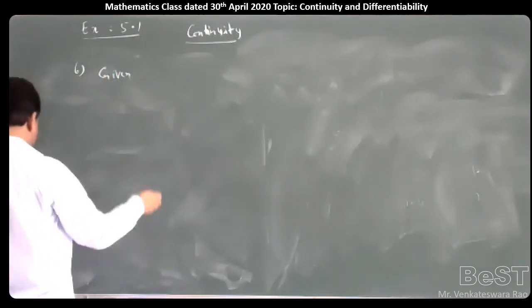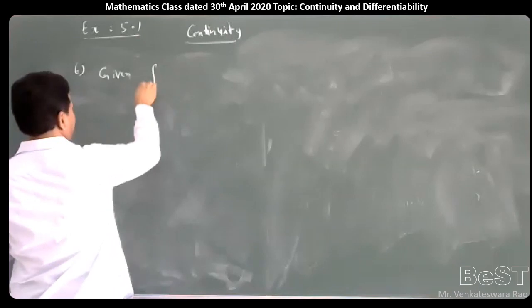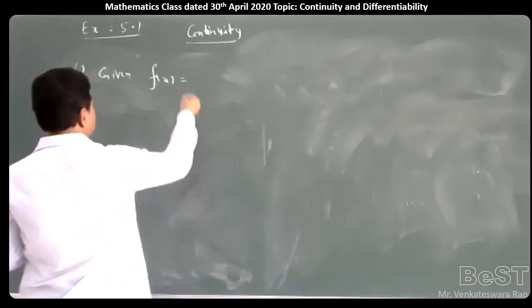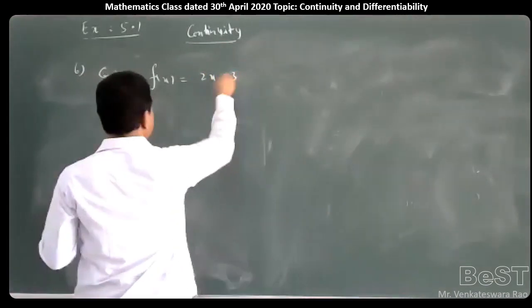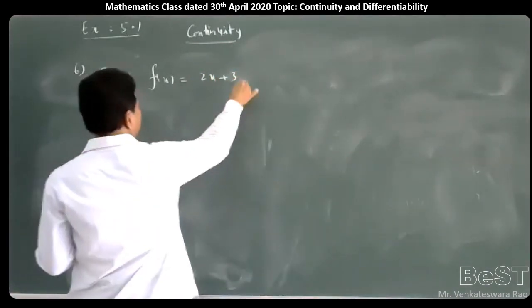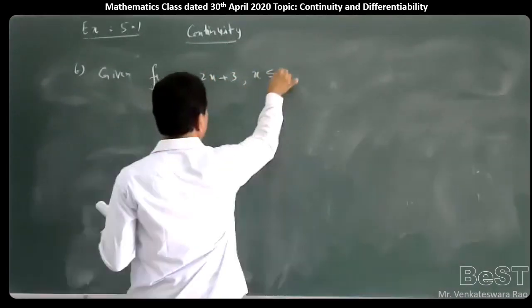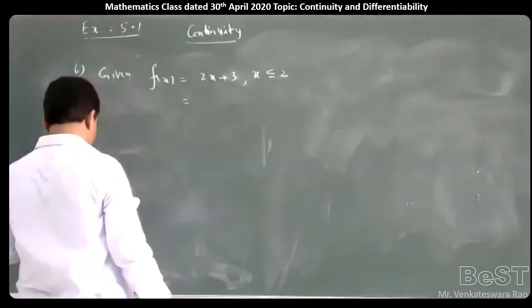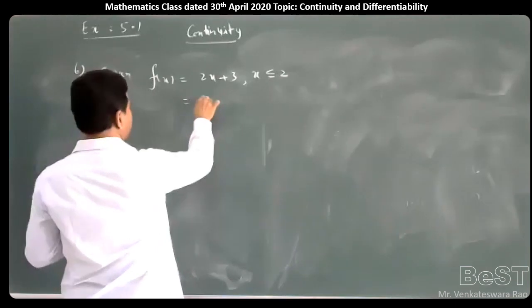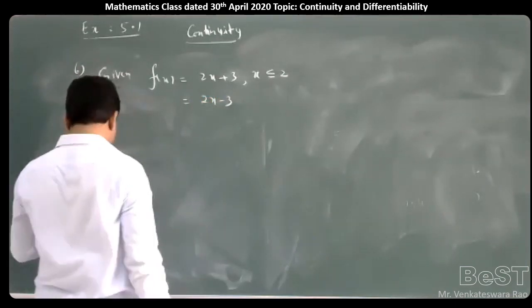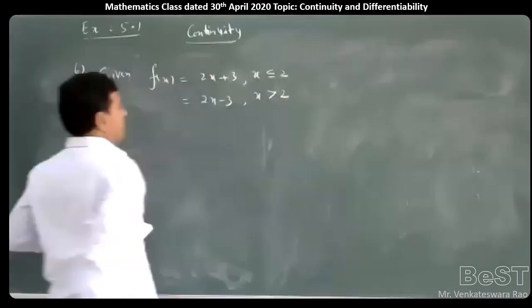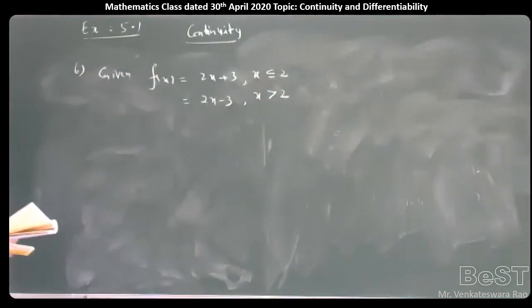Given f of x is equal to 2x plus 3, a linear function, when x value is less than or equal to 2, and f of x is equal to 2x minus 3 if x value is greater than 2.